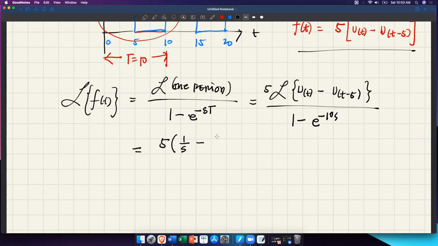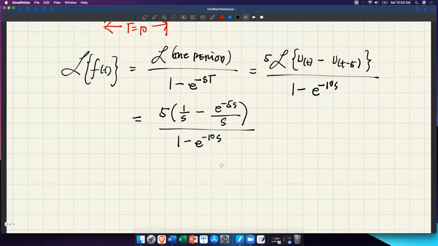Minus e raised to minus 5s, since that is shifted by 5 units, all over the denominator 1 minus e minus 10s. Now, if we simplify it further by factoring out s, we can have 5 over s, and what's left in your numerator is 1 minus e to the minus 5s.